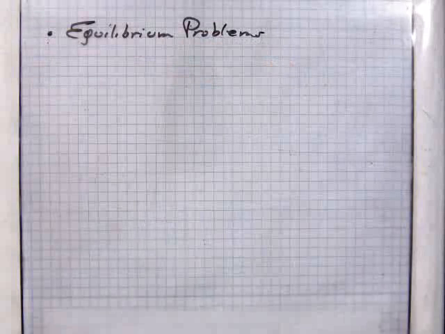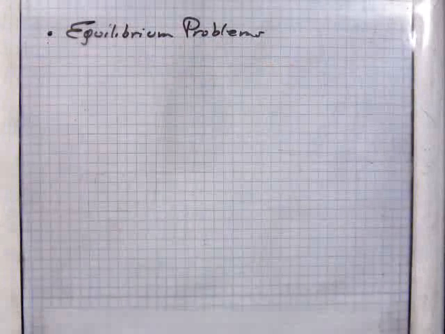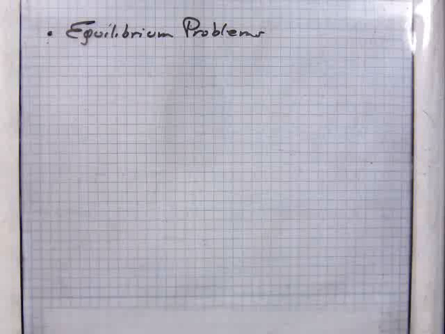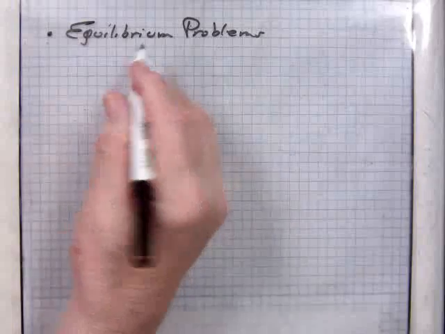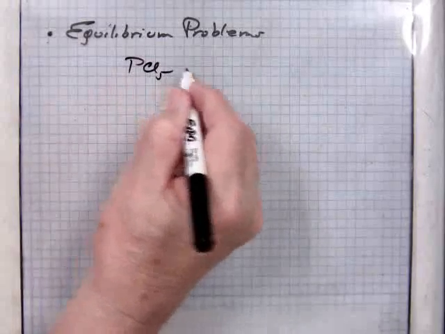Whereby we applied what we call the ICE table. The ICE table is, I'll just repeat one of the problems we did again. The ICE table is used to define, well, if you start a reaction, what are the concentrations at equilibrium? We did one real quickly, PCl5 equilibrium.